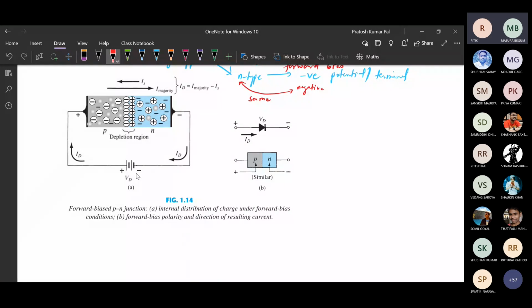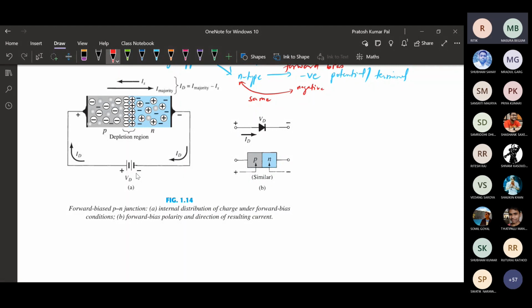In N type, positively charged immobile ions are there, so they will be attracted towards the negative terminal. As the immobile charge carriers are attracted, the depletion region is going to reduce, as the reduction of immobile charge carriers near this junction happens when we apply the forward voltage.